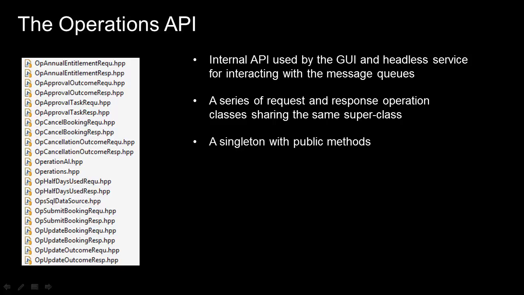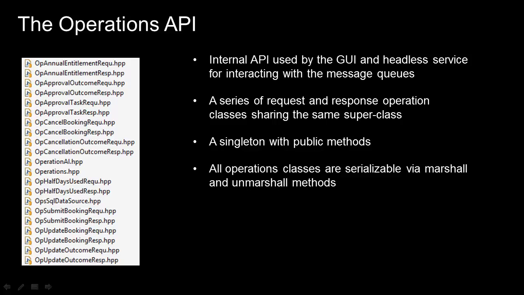It's implemented as a singleton called operations with some public methods. And all operations classes are serializable via marshal and unmarshal methods. To achieve serialization, we used Qt's QDataStream class, and that was extremely easy. I'll show you some code relating to that on the next slide.